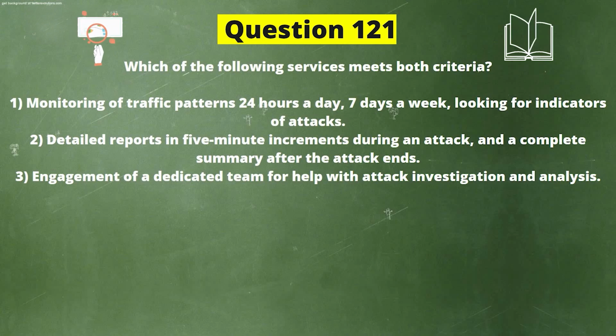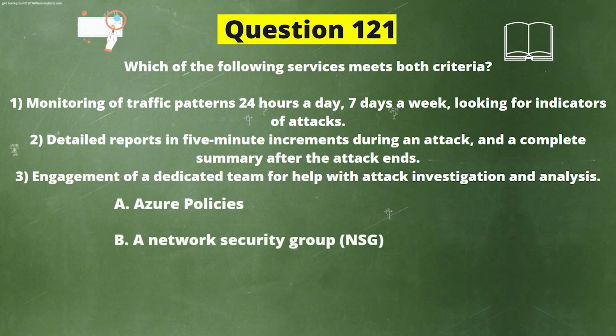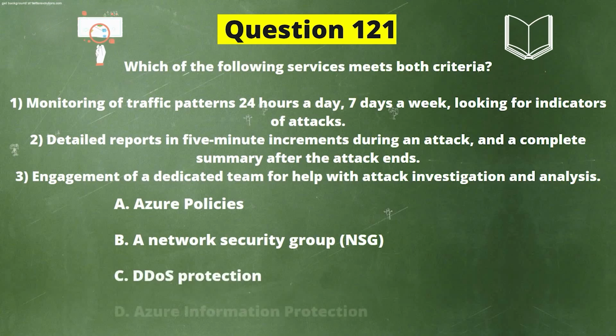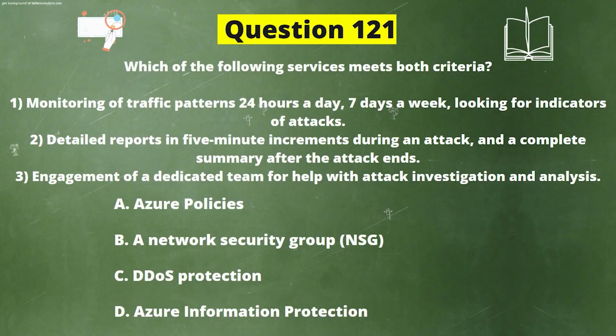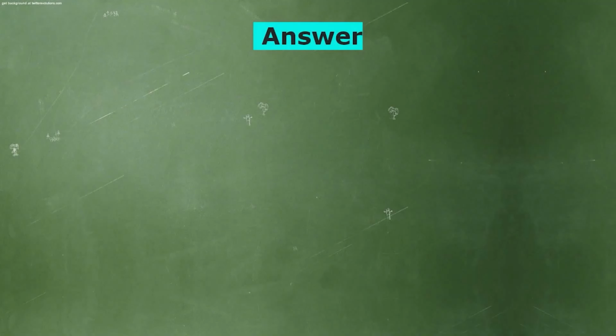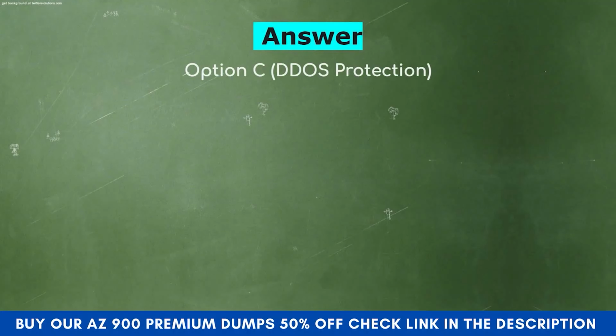Engagement of dedicated team for help with attack investigation and analysis. Option A, Azure policies. Option B, a network security group. Option C, DDoS protection. Option D, Azure information protection. And the correct answer is option C, DDoS protection.